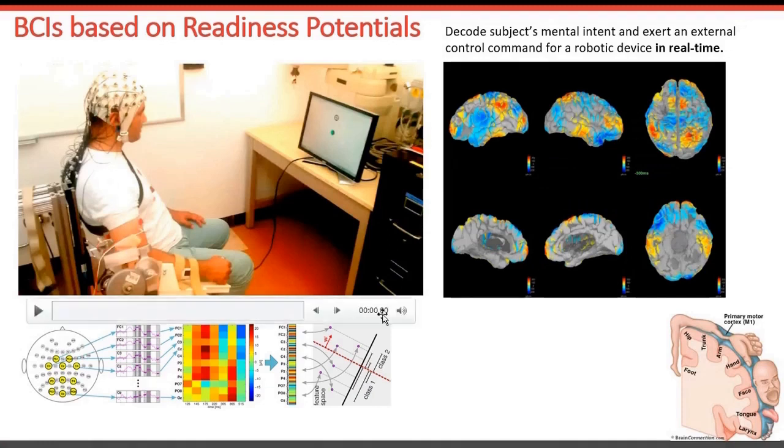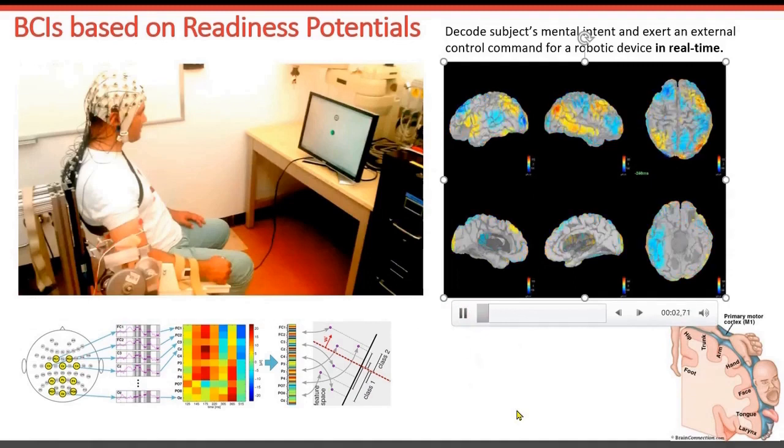So finally, there is another interesting application of endogenous BCI, which is based on readiness potentials. The readiness potential represents the brain signal or brain response right before the onset of movement. Right. So for instance, in this example, we have sensors connected to the brain, and the task is to control this upper limb exoskeleton.